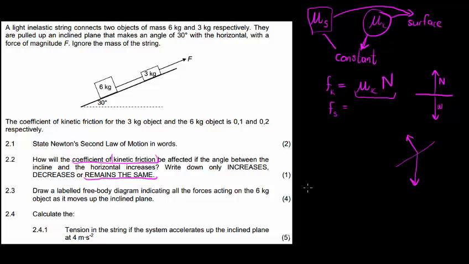Okay, why? Well, the normal force, if I put it here, okay, there's the normal force. The normal force is the portion of the weight that is perpendicular to the surface. Okay, the portion of the weight that is parallel to the surface is there.